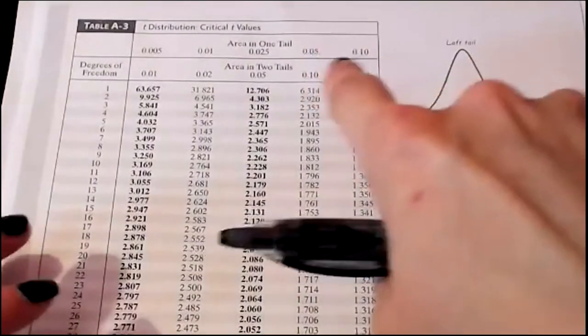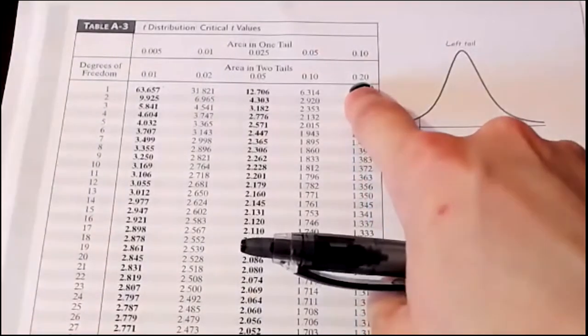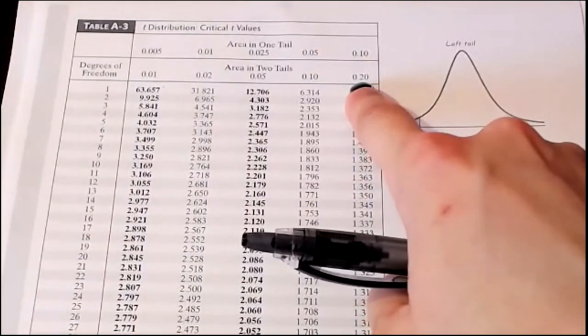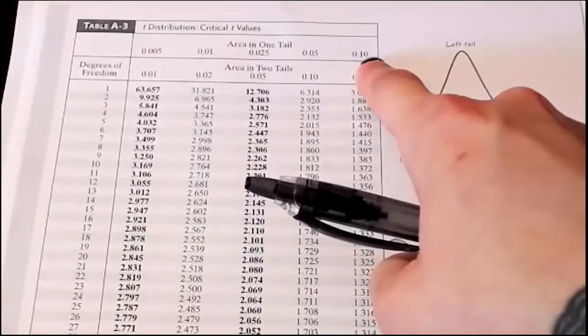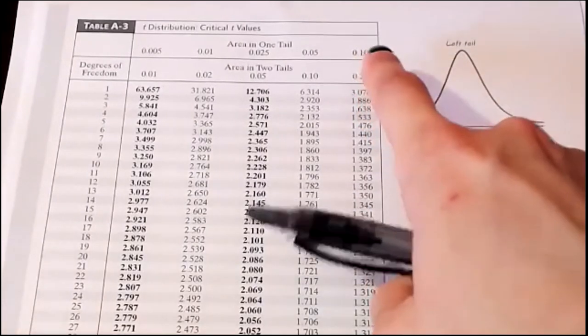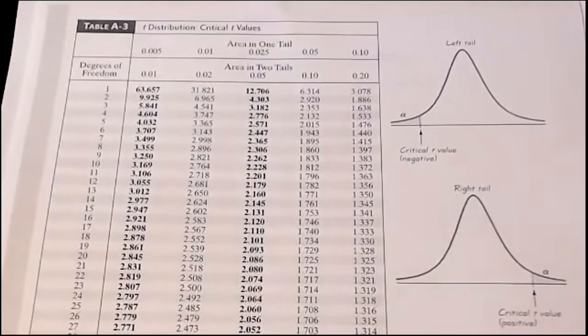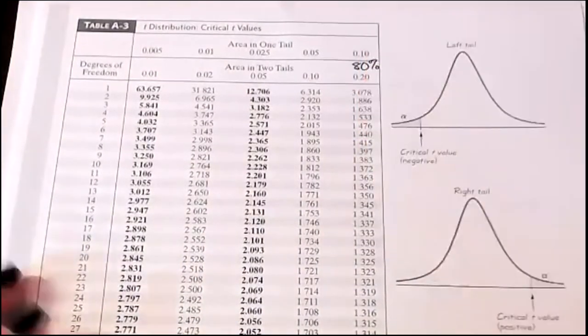So think about it this way. If the area in both tails were, for instance, 20% combined, then what that means is there's 10% in one tail, right? Does that make sense? I want you to consider the fact that we're referring to an 80% confidence interval, which may help if we write that here.